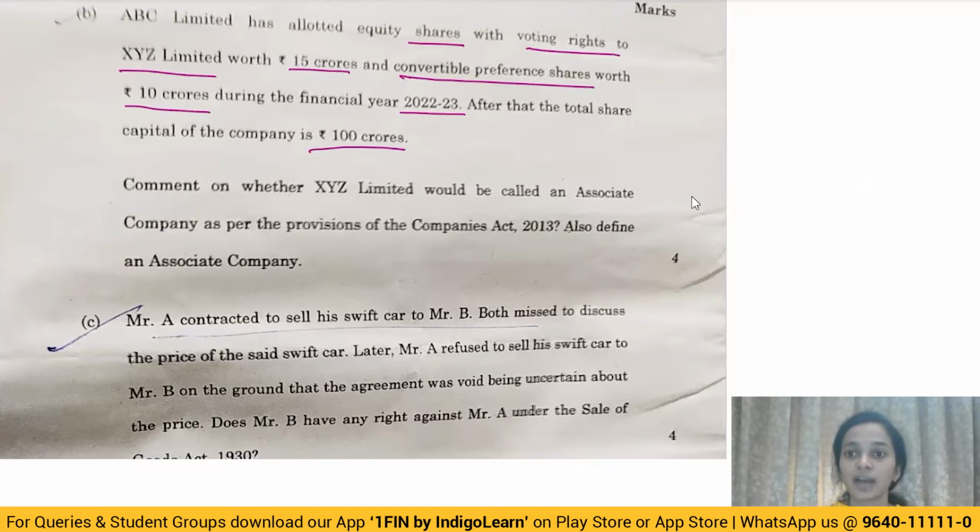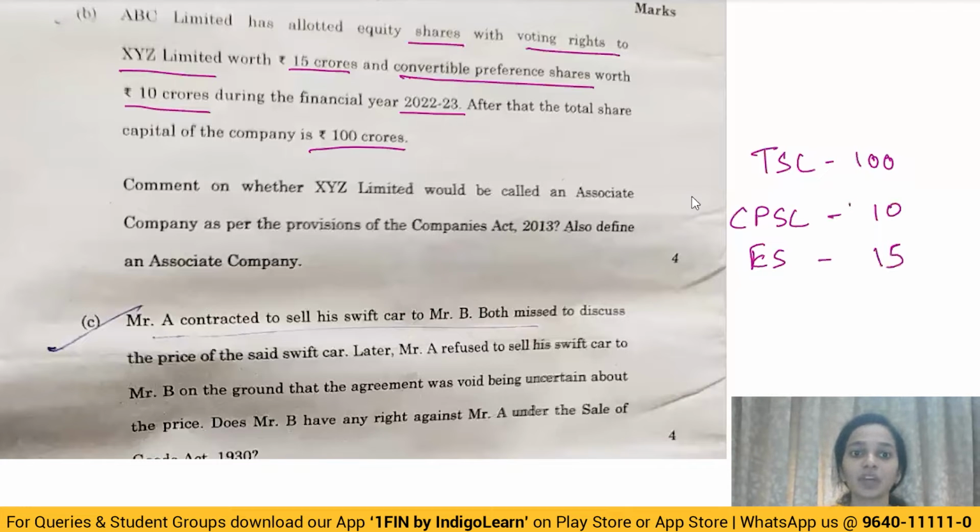So the total share capital of the company is 100 crores, out of which the convertible preference shares are worth 10 crores, and equity shares with voting rights are worth 15 crores. Comment on whether XYZ Limited would be called an associate company.